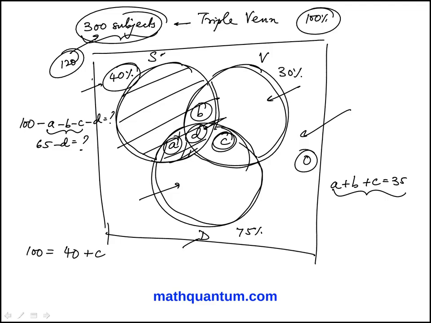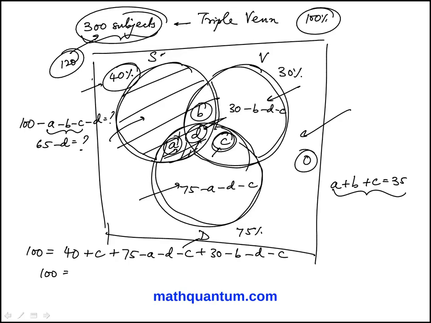And this would be 75 minus A minus D minus C, essentially subtracting all three of these. And then here, this would be 30 minus B minus D minus C. So as opposed to writing everything here, then adding it all up, that's extra work. So especially when you're doing this under exam conditions with pressure, I think it's important to have your algebra clear.